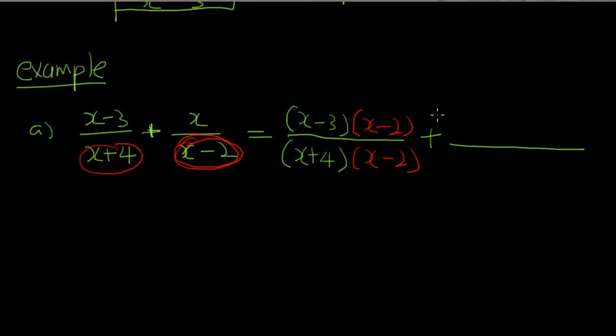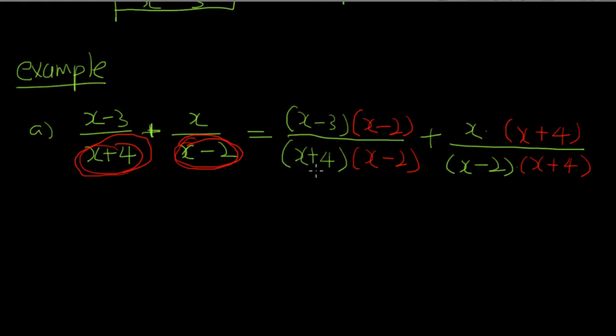Now the second part, pre-existing second part, would be x minus 2, just like that. Now the top and the bottom, we are going to multiply by the other part's denominator. So we're going to multiply x plus 4 here and x plus 4 there.